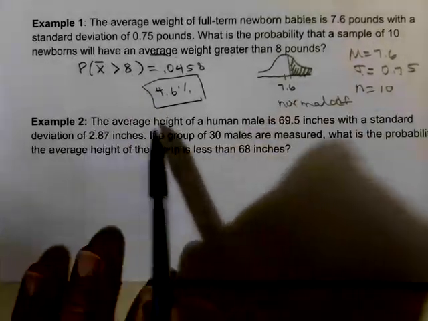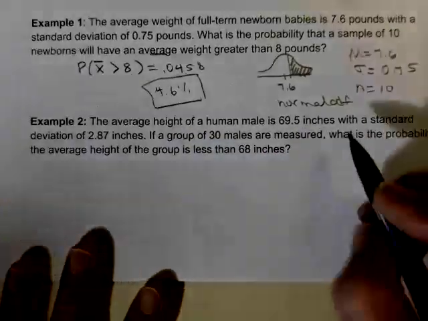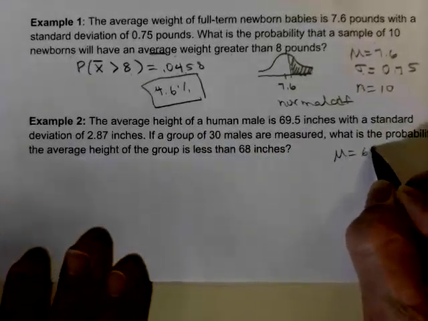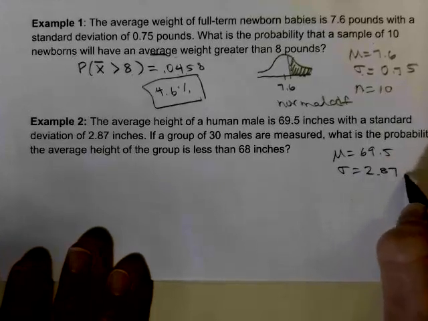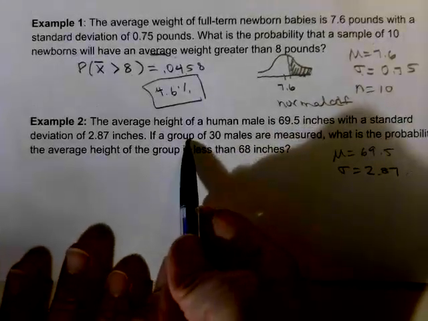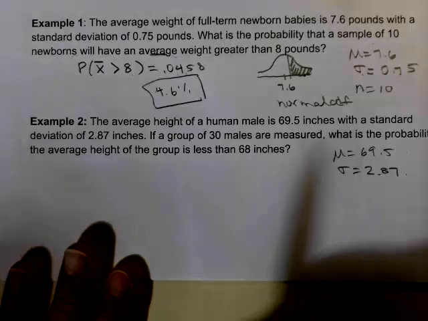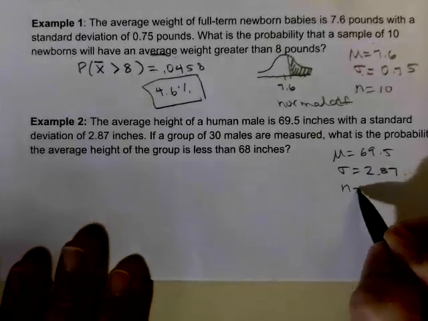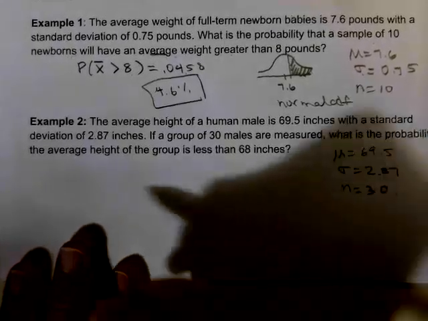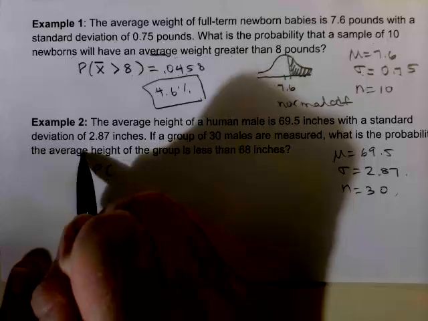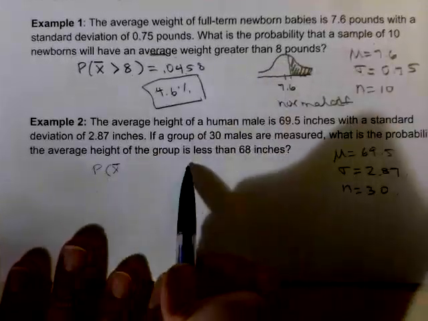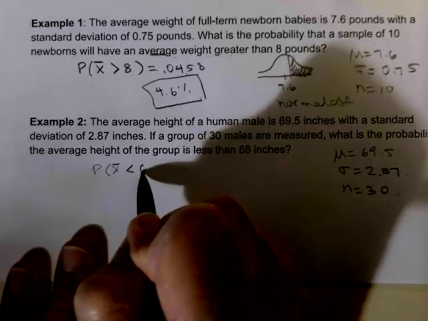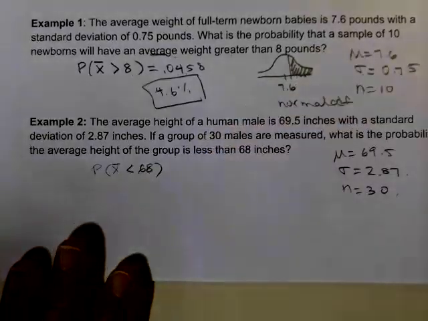Okay, example 2. The height of a human male: same one, mu is 69.5. Standard deviation is 2.87. If a group of 30 males are measured, that's n is 30, good, what is the probability the average height, so average x bar, is less than 68?